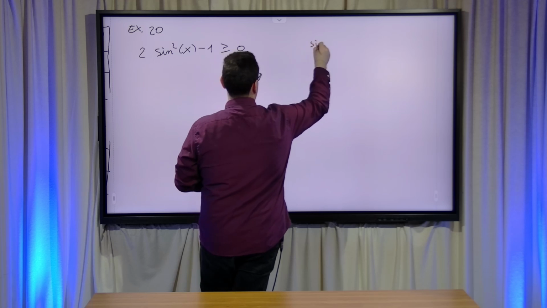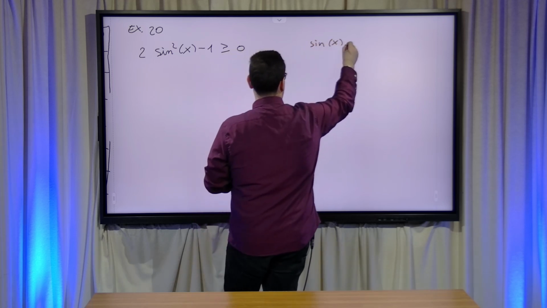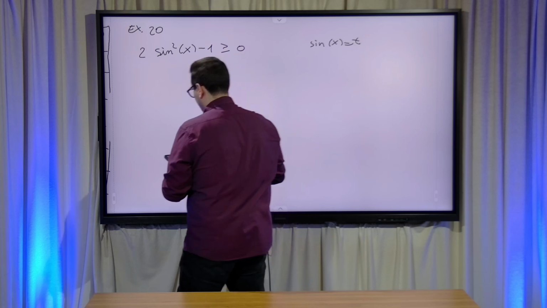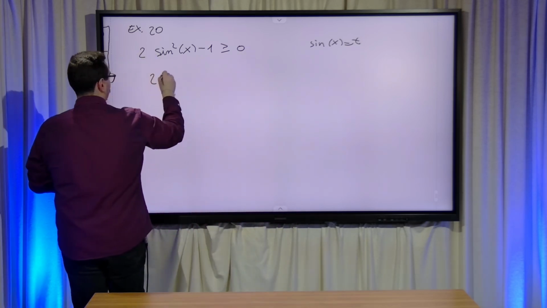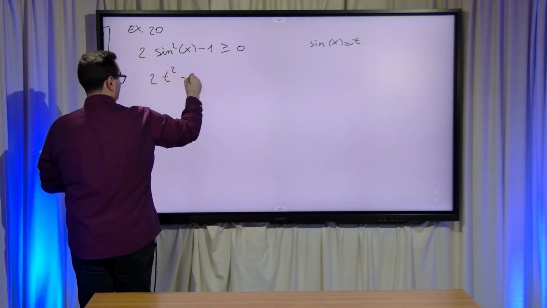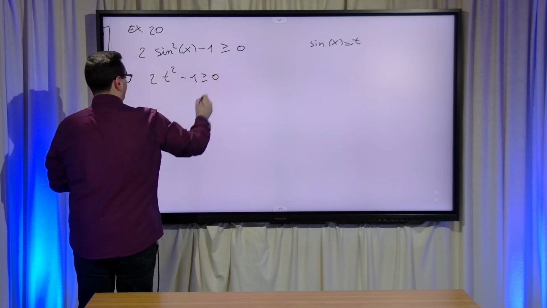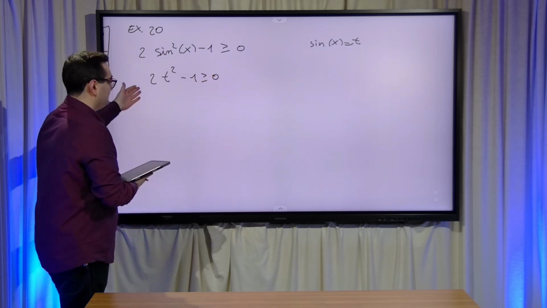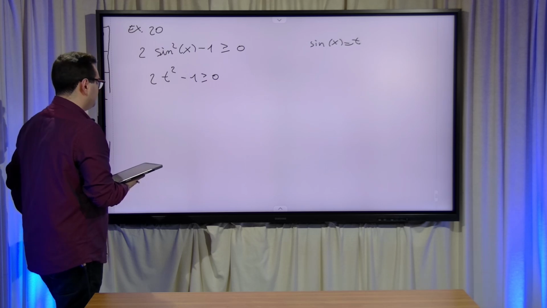So I place sine of x equals t, and I compute the inequality as a second order inequality.